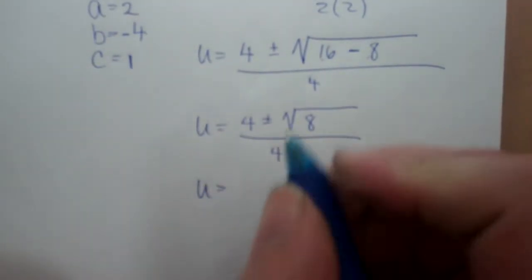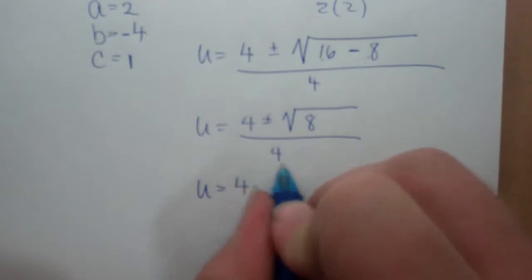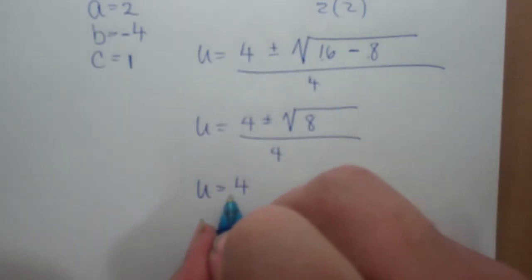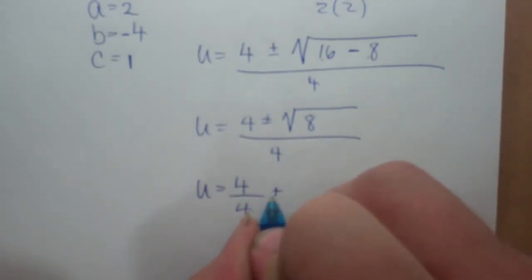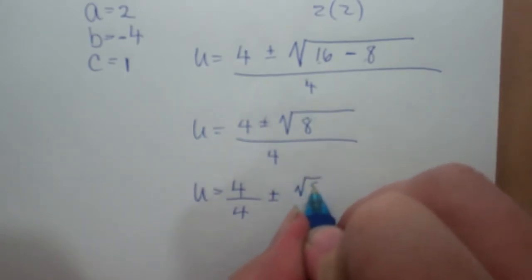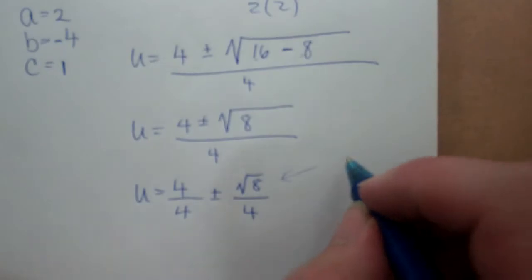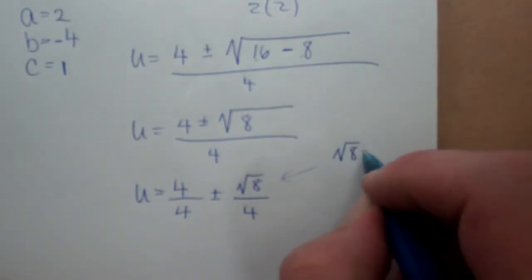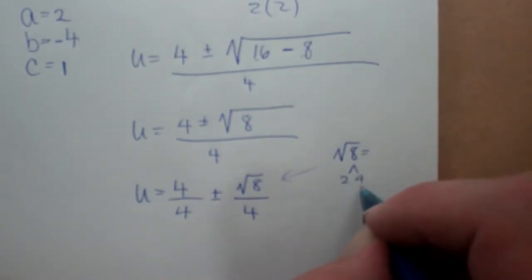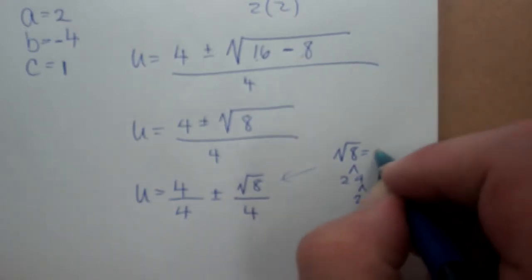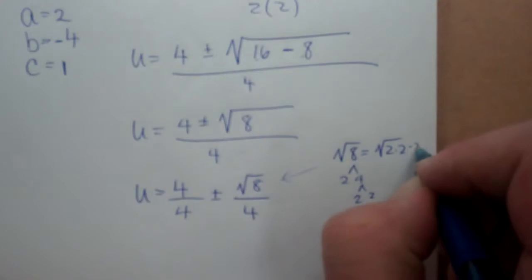So u is equal to 4. I'm going to split this into 2 now. So this is 4 over 4 plus or minus radical 8 over 4. Concentrate a little bit on this radical 8 over on the side. Radical 8 is the same thing as radical 2 times 4, and 4 is 2 times 2. So this is radical 2 times 2 times 2.